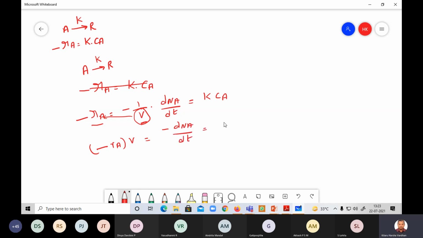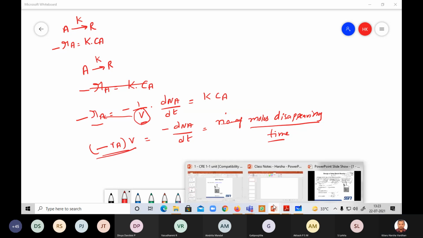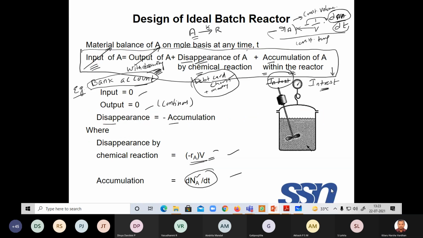Minus is disappearing, so moles disappearing per time is nothing but minus RA into V. That is what I just put here.